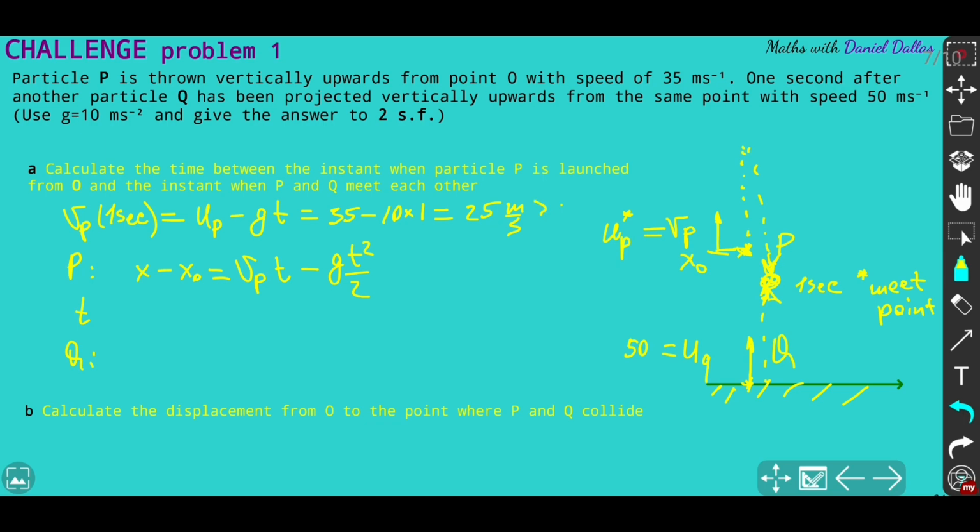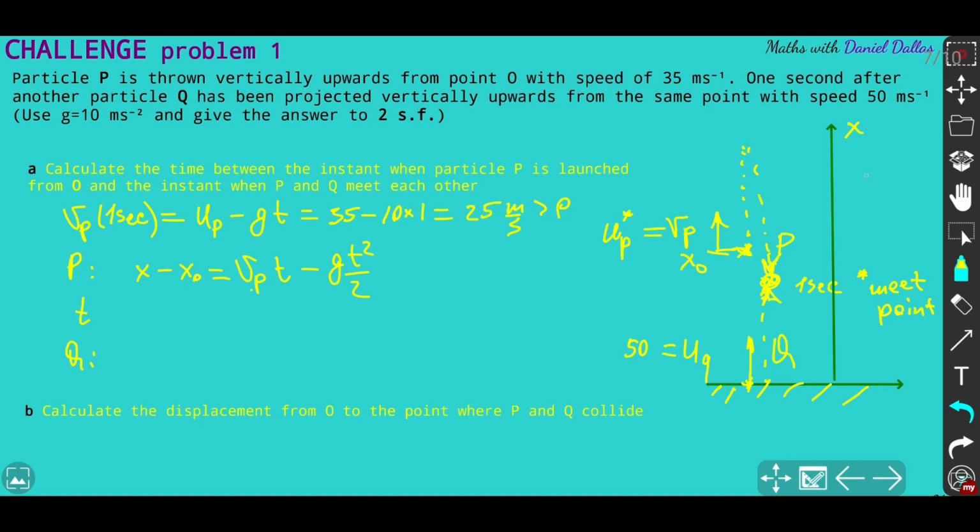It means at this time instance it's still going upward, because the projection is positive.